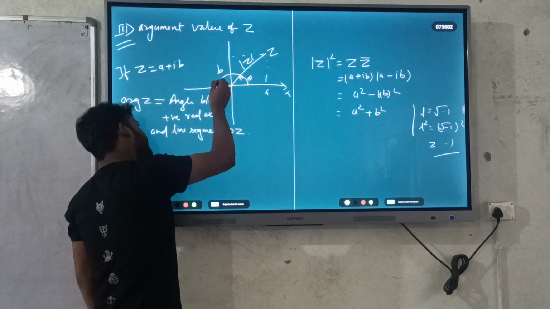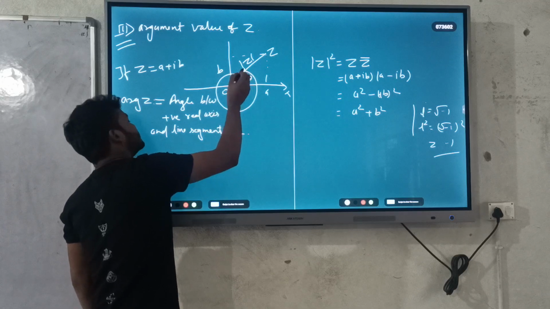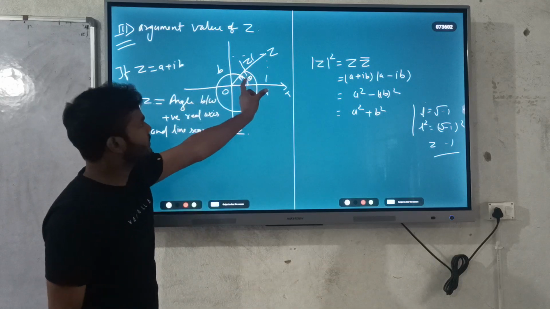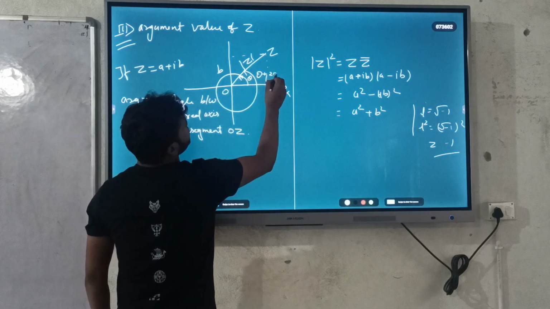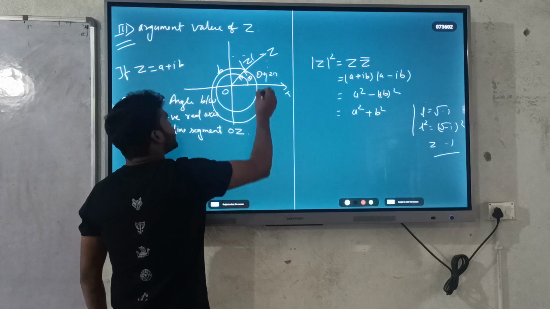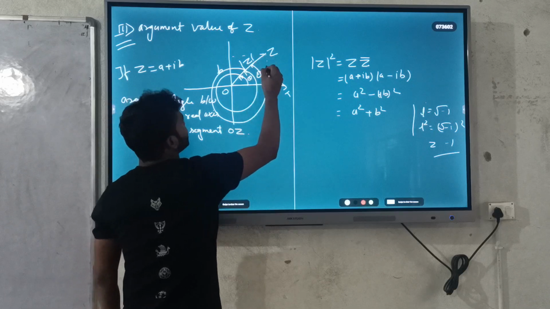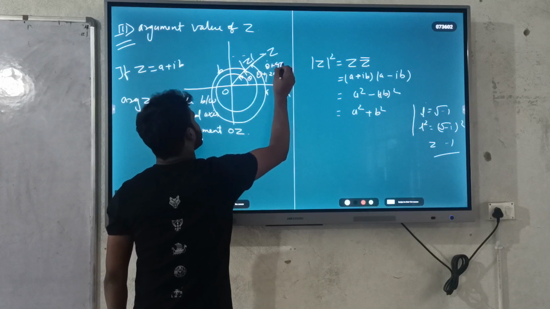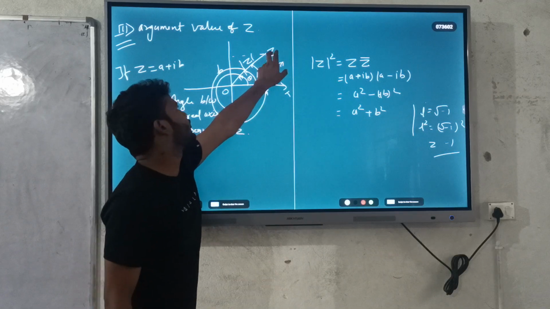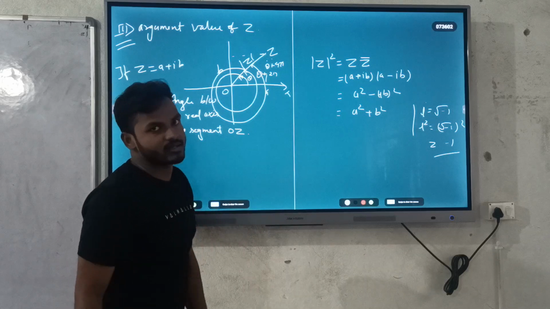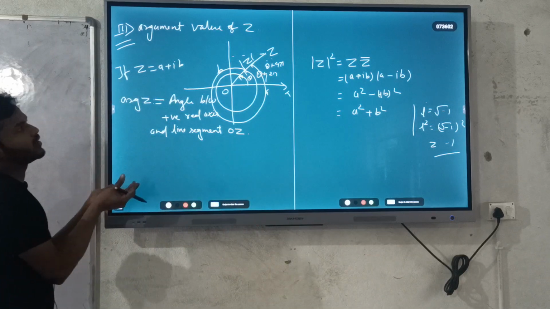What if I revolve from this by 2 pi? Then we again get the same line, and this value is theta plus 2 pi. If you again revolve by 2 pi, then we again get the same line, that is theta plus 4 pi. So all these angles are argument values for this complex number z, so we don't get a unique number.